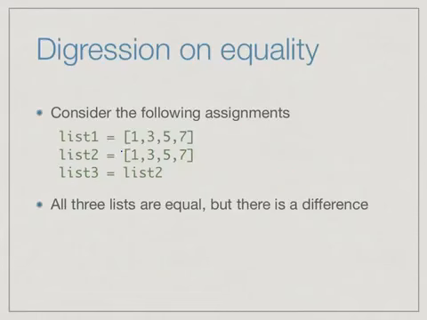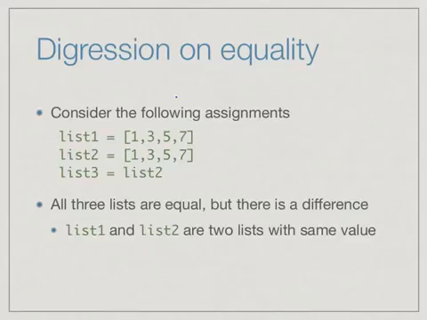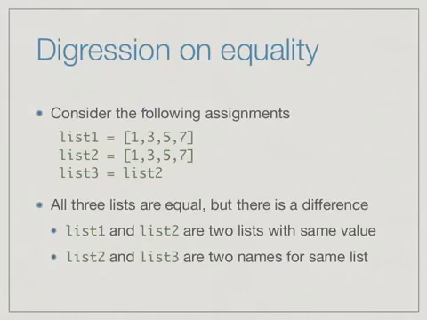So all three lists are equal, but there is a difference in the way that they are equal. list1 and list2 are two different lists, but they have the same value. They happen to have the same value, but they are two different things, and so if we operate on one, it need not preserve this equality anymore. On the other hand, list2 and list3 are equal precisely because they point to the same value.